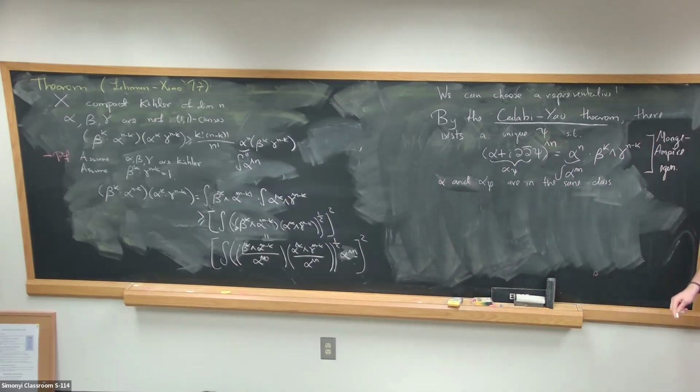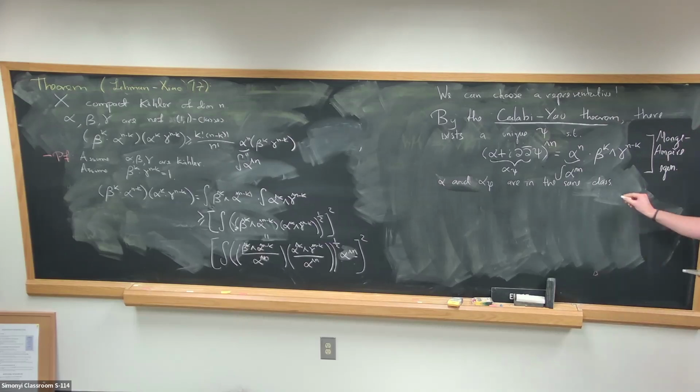Would you think it should be positive? Yes, it should still be positive, right? I'm not sure if that's something that the Calabi-Yau theorem guarantees. I think that at this point, I'm a little bit lost. I'm just regurgitating what I found, what I read.